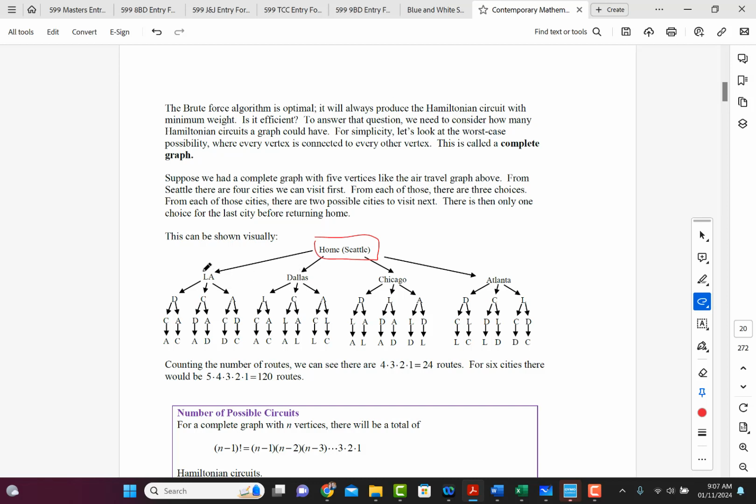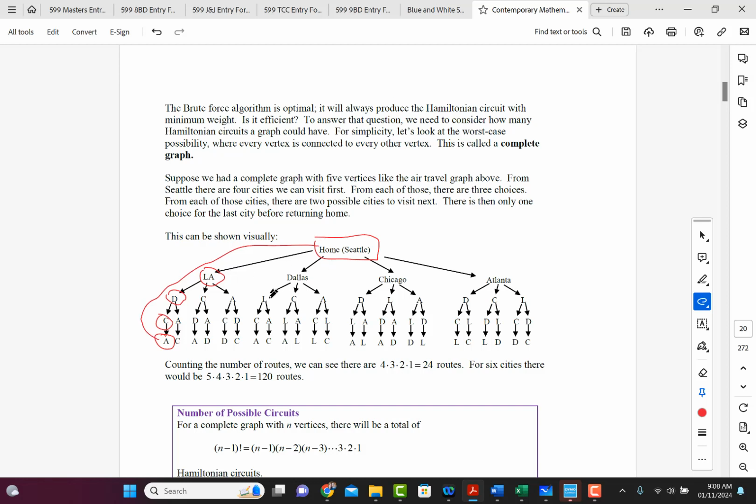If we travel to LA, then we've got 3 other cities to choose from. If we choose to go to Dallas, then from there, we've got the 2 other cities left to choose from. And if we choose to go to Chicago, then the last one to go to is going to be Atlanta before returning home, because we obviously have to get back home. So that's one option.